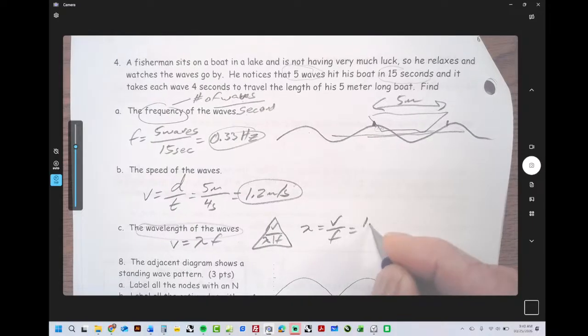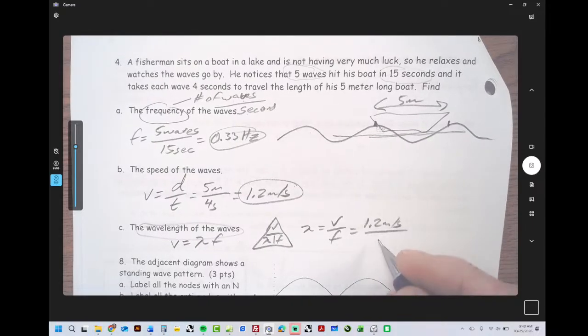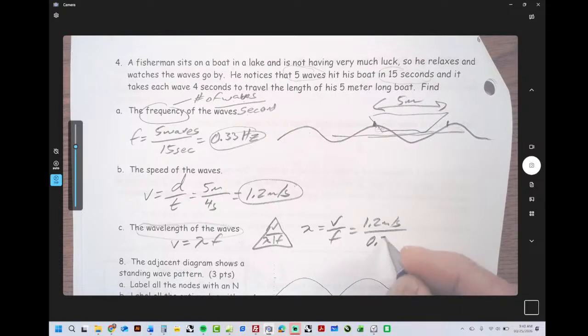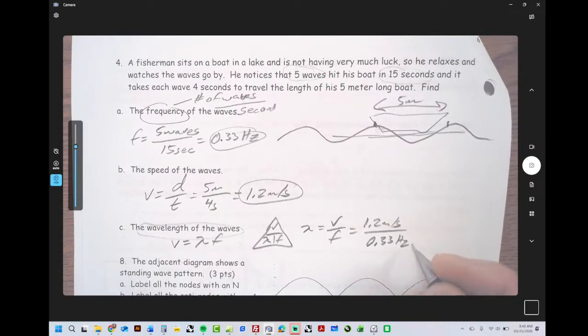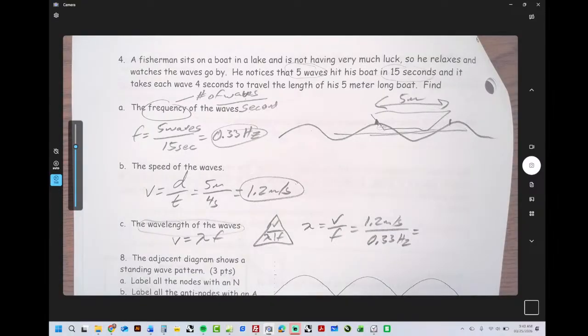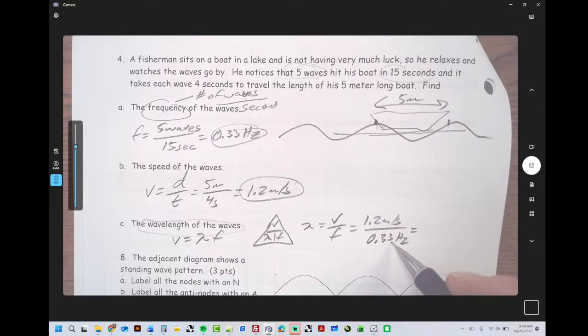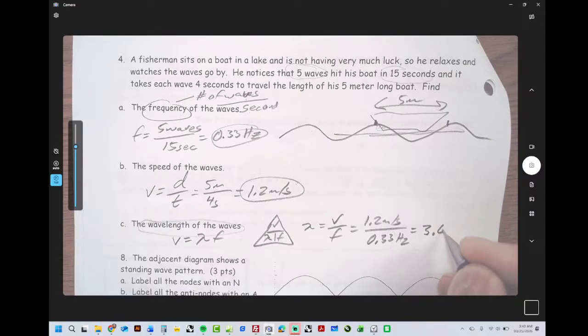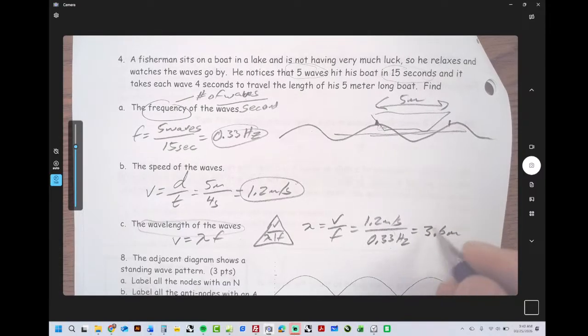The velocity is 1.2 meters per second, and the frequency is 0.33 hertz. 3.63. I trust you. So this is basically a third. If you divide something by a third, that's like multiplying by what? Dividing by a third is like multiplying by 3. So 1.2 times 3 is 3.6. 3.6 meters. There you go.